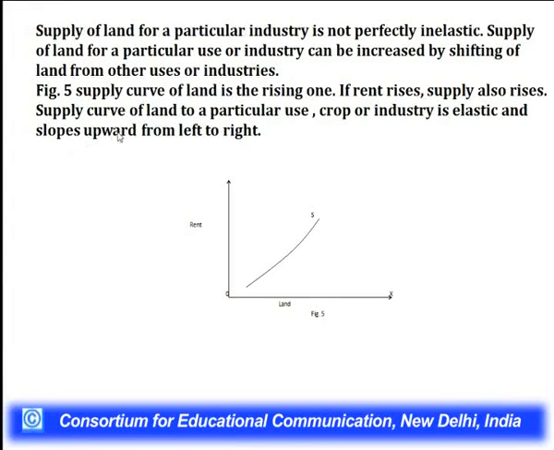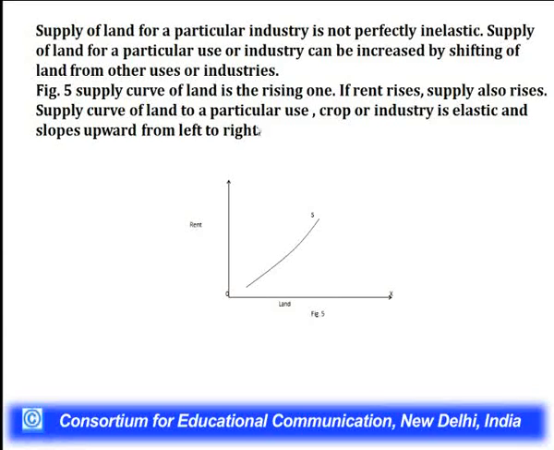Supply of land for a particular industry is not perfectly inelastic. For a particular use, supply of land can be increased by shifting land from other uses or industries. In figure 5, the supply curve of land is a rising one. If the rent rises, supply also rises.